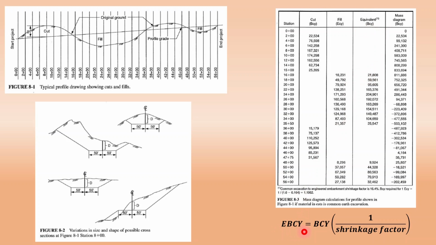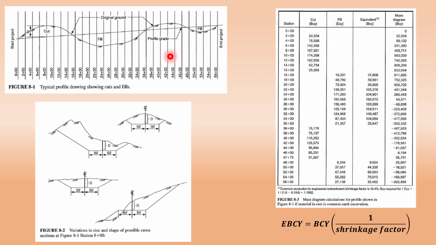Equivalent bank cubic yards is equal to a bank cubic yard times 1 over your shrinkage factor. And what we're trying to do here is express how many bank cubic yards of material it will take to occupy this many cubic yards of fill space, because we know earthwork is going to get smaller when we compact it.